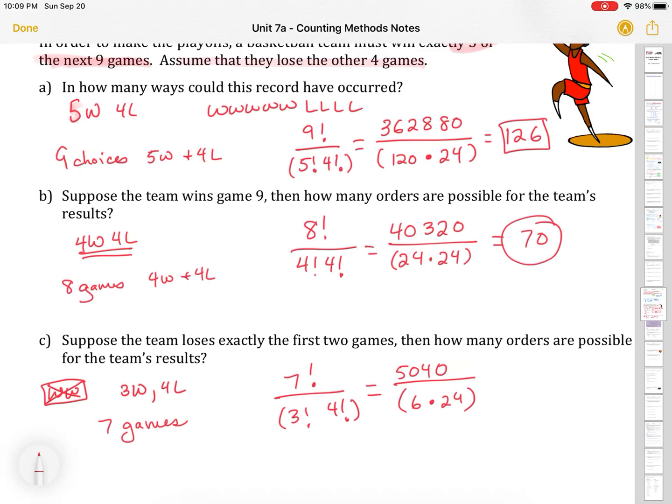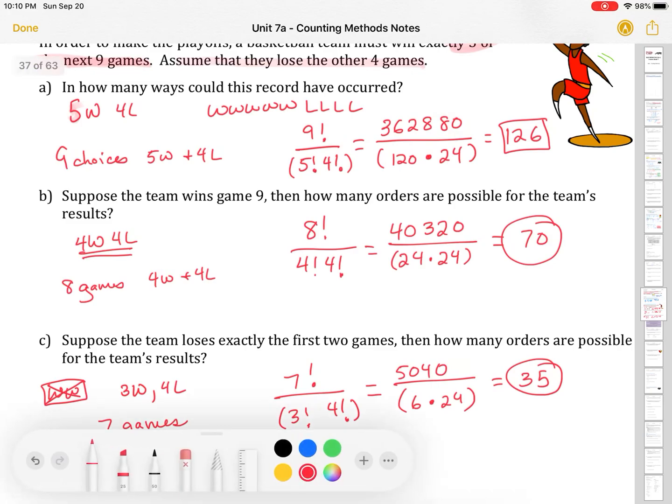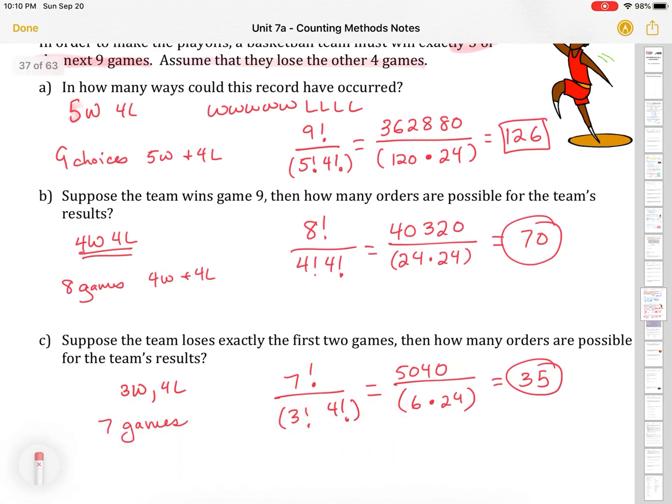And then 4 factorial is 24. So we would get 35. Okay? That would be the possible orders for the next 7 games.